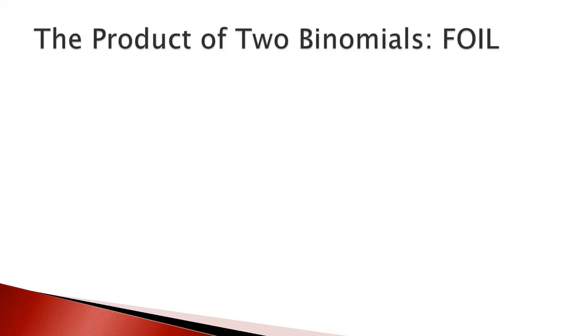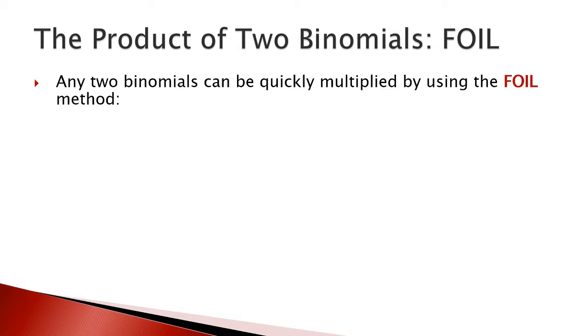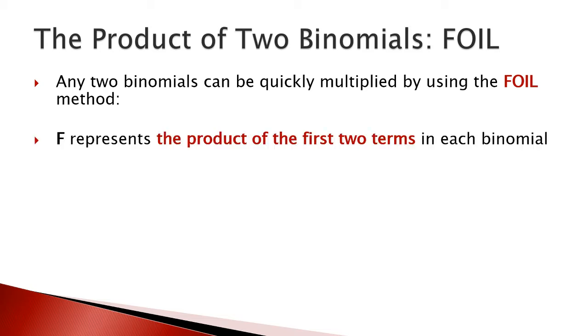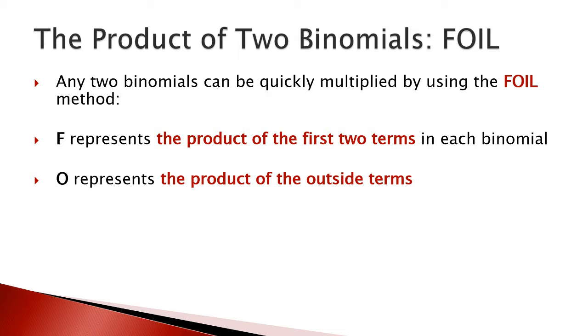The product of two binomials. Any two binomials can be quickly multiplied by using the FOIL method. F in the FOIL method represents the product of the first terms in each binomial, and O represents the product of the outside terms.